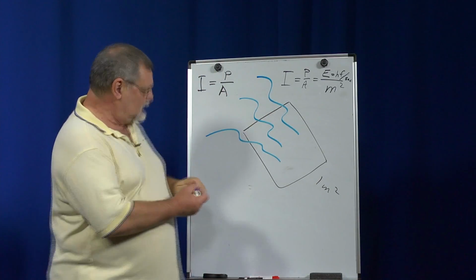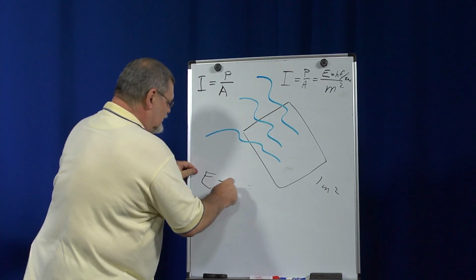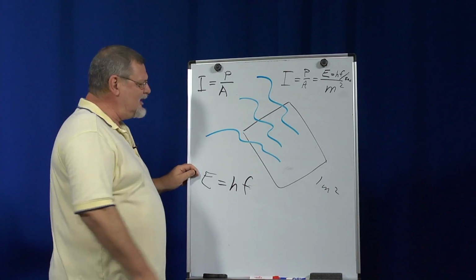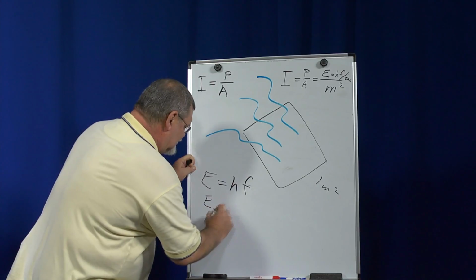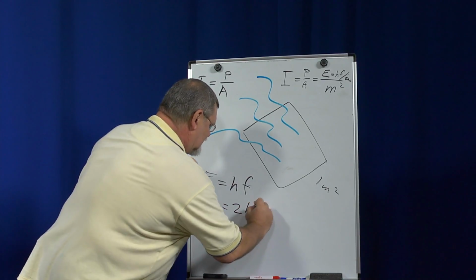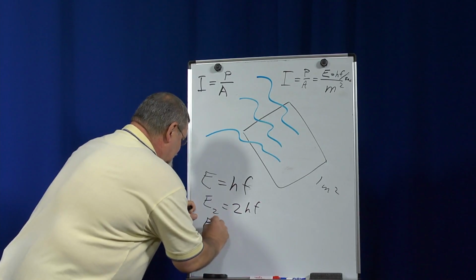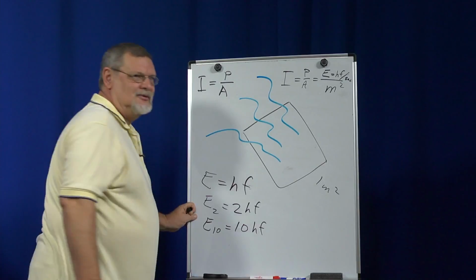So here is the energy of 1 photon. What's the energy of 2 of them? What if I had 2 of these? The energy of 2 of these photons is going to be twice as much, right? And if I have 10 of them, the energy of 10 of these is going to be 10 times that amount, isn't it?